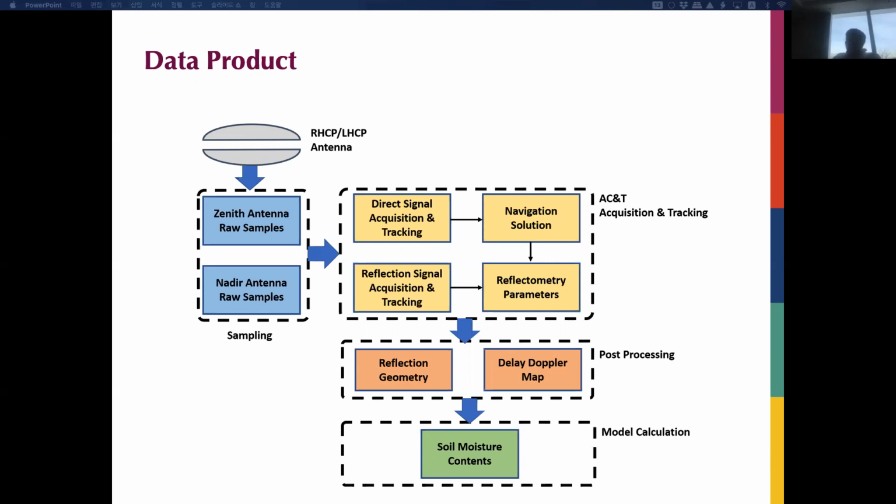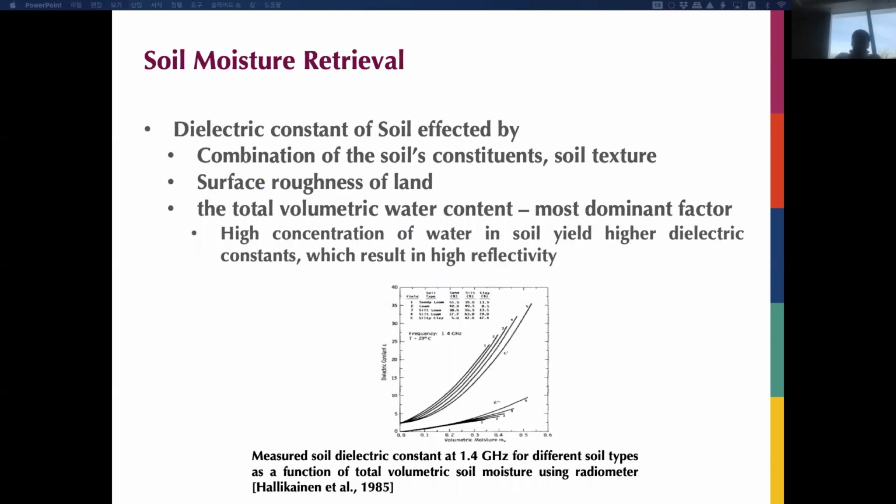But to calculate the soil moisture contents, we have to know the property of the soil moisture. In 1998, Dr. Hallikainen found that the dielectric constant of the soil is related to the soil moisture.